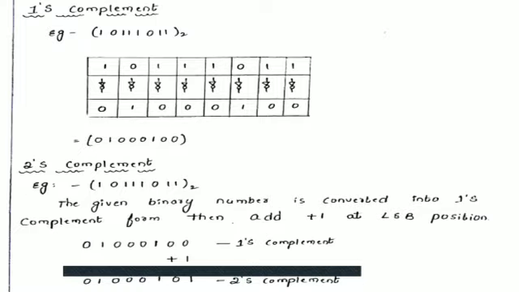So the complement of 1 is 0 and the complement of 0 is 1. We should remember this. By using this, we can convert the binary number into the ones complemented number.